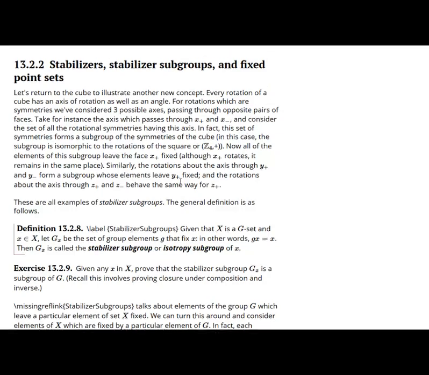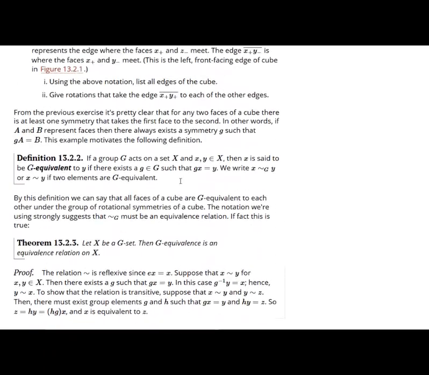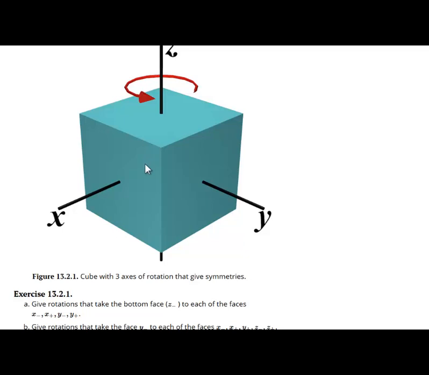All right, so let's go back to our cube and see what we're talking about. Here's my x-axis. If I rotate around this axis, then this square face always goes to itself. So we can say this square face is stabilized by all of the rotations about the x-axis. The paragraph also mentioned that the rotations about the x-axis form a subgroup, because it's just like you're rotating a square.